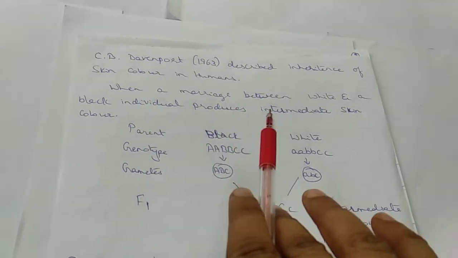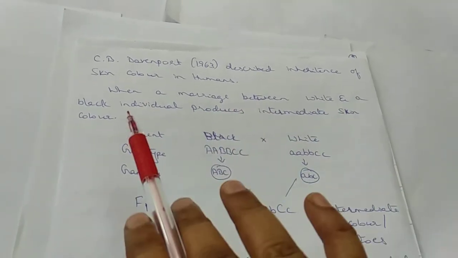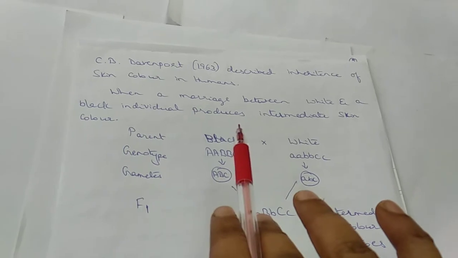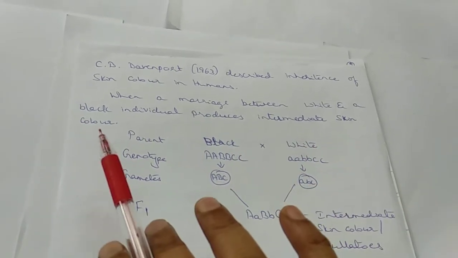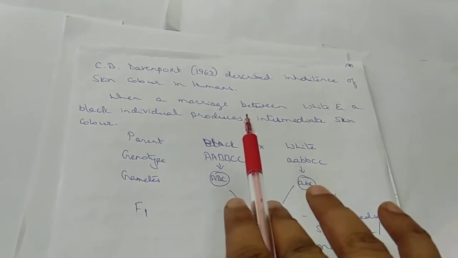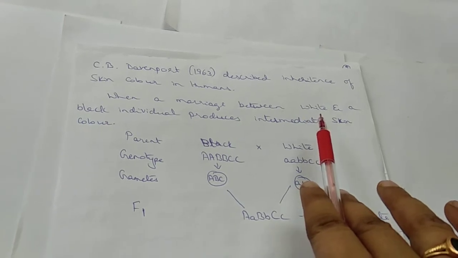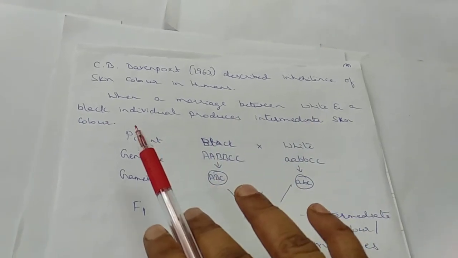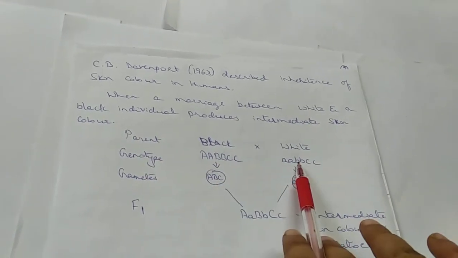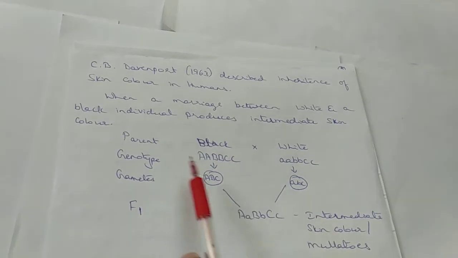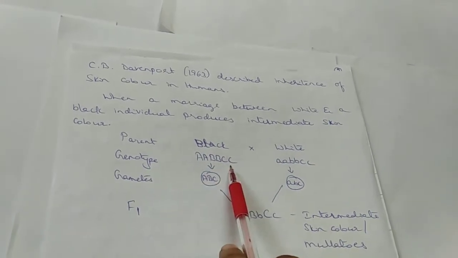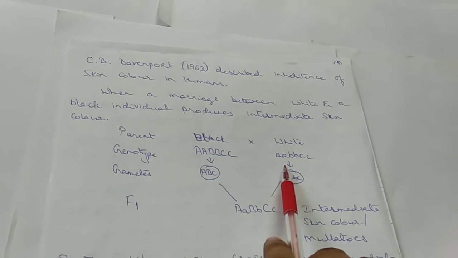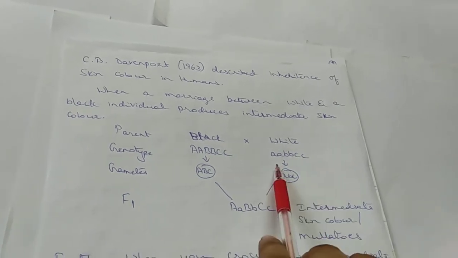When a marriage between a white and a black individual produces intermediate skin color. We are taking two different parents, one parent black and another parent white. The genotype represented: the black is completely all 6 dominant, and the white is completely recessive.